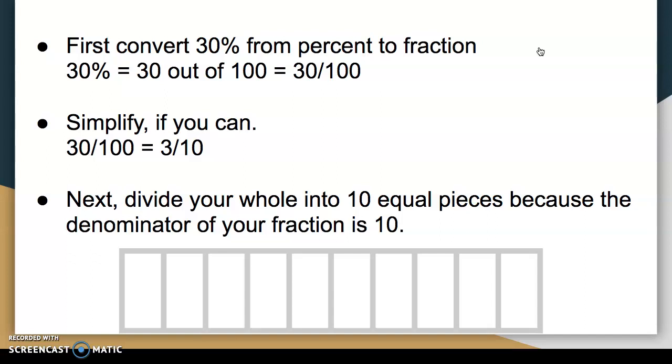So the first thing we do is convert the 30% from percent to fraction. 30% means 30 out of 100, 30 hundredths, and as you can see in this case, we can simplify it to 3/10. Then we need to divide up our whole into 10 equal pieces because the denominator of the fraction is 10.